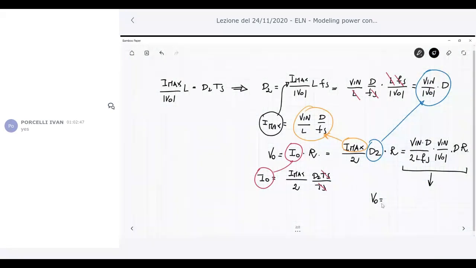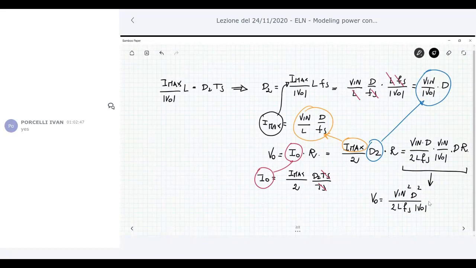V naught is V in square, duty cycle square. Then you have 2L switching frequency, V naught absolute value that multiplies R.